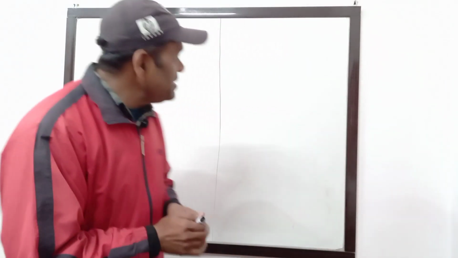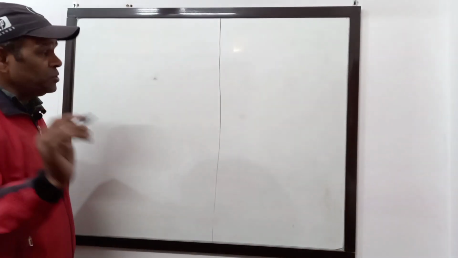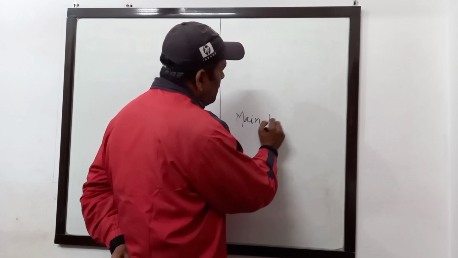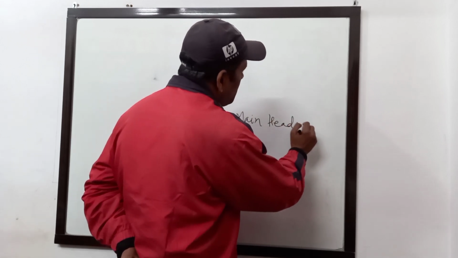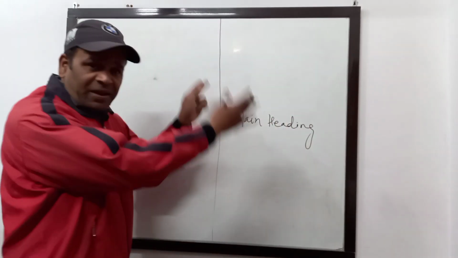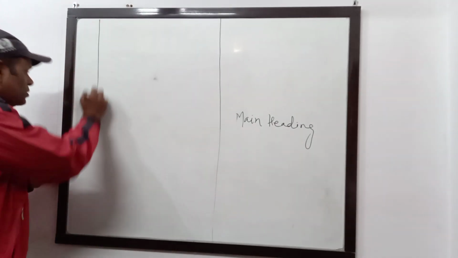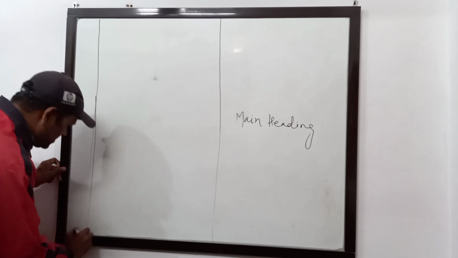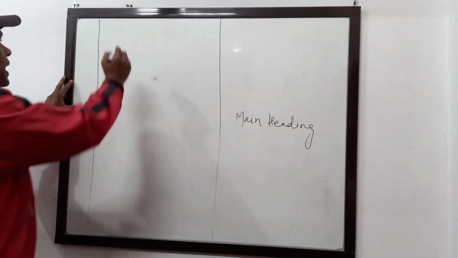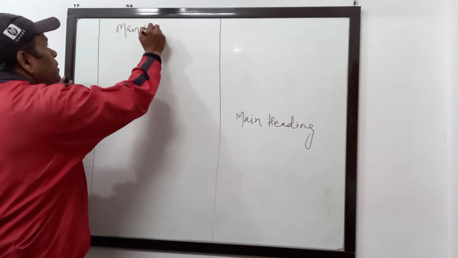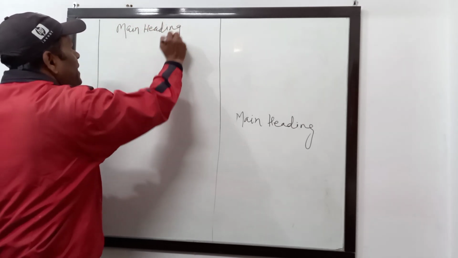Read the passage carefully. While we read the passage, we come to know the topic, the main heading. Overall, what is the main title or main heading of the passage? Maybe this is your answer sheet. You can just draw a line there, okay? And here we write the main heading or title.